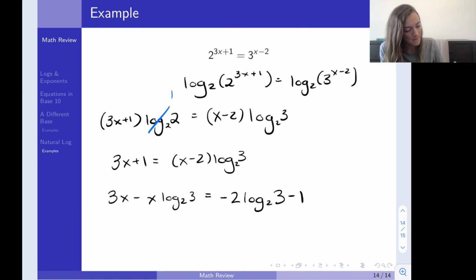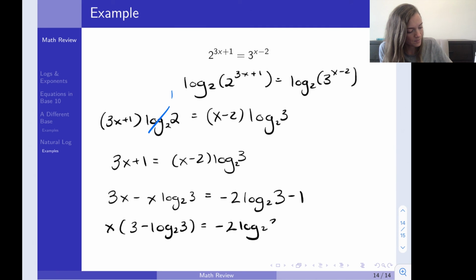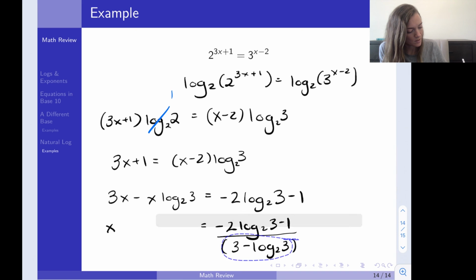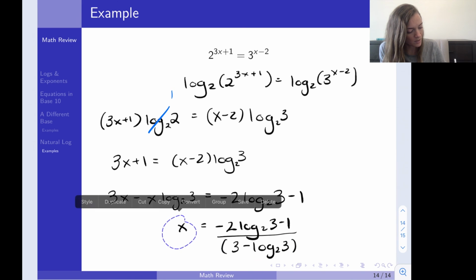So I get this. Now I can factor out an x here, so I get x times 3 minus log base 2 of 3, and that's equal to this. And now I can just divide both sides, and then you get x is equal to this.